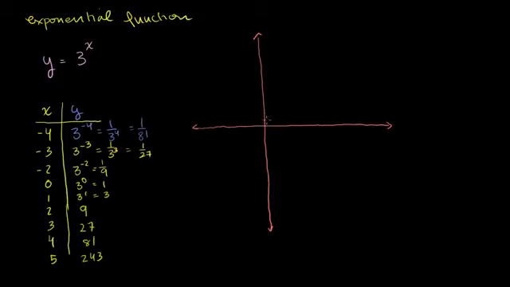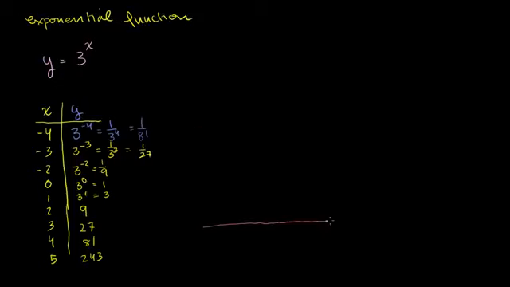Let me draw it a little bit differently than I've drawn it. Let me draw it down here, because all of these values, you might notice, are positive values because I have a positive base. Like that. Good enough. And then let's say I have 10, 20, 30, 40, 50, 60, 70, 80. That is 80 right there.